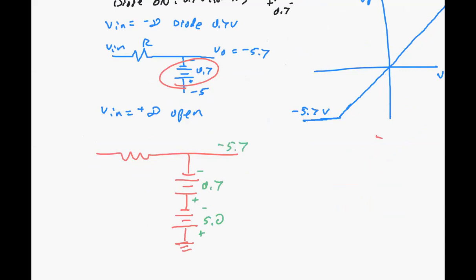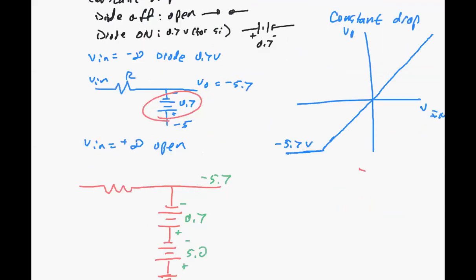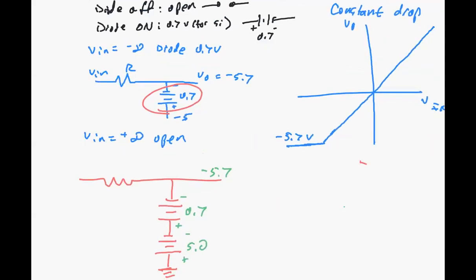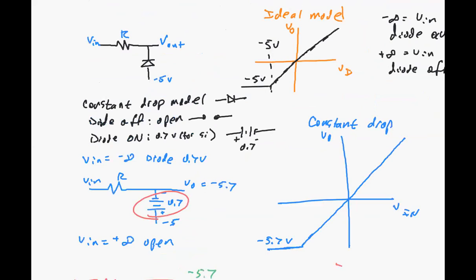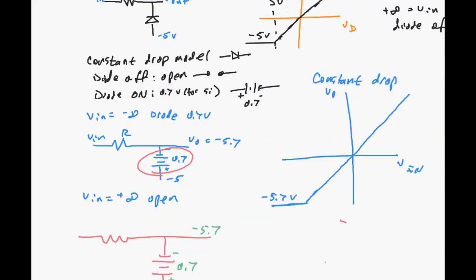So be careful about those directions, and it should work out for you. If the diode was reversed, pointing the other way, we would have gone to minus 4.3 volts just by the direction of that battery. So be careful about the direction of the diode, and adding that constant drop shouldn't cause you any problem.